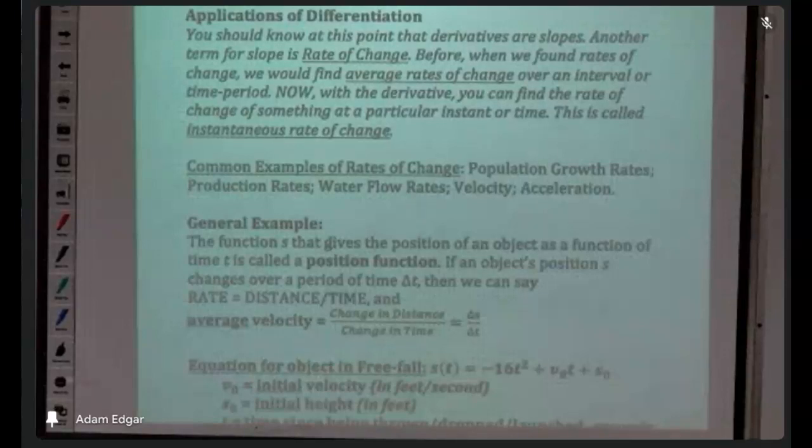There's a difference between average rate of change and instantaneous rate of change. Average rate of change is what you're used to doing. So like your average velocity, your average speed over a period of time, that's an average rate of change. So you see how fast did Usain Bolt run in the 100-meter dash when he set the world record. You would take 100 meters, you would divide it by the time it took him, and there's his average speed.